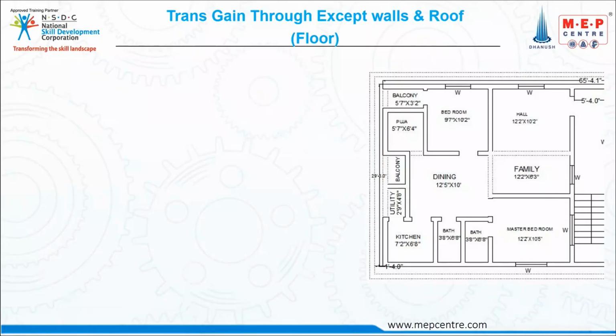As you increase the thickness of the wall, the resistance value increases. When the resistance value increases, its U factor decreases. When the U factor decreases, the total heat gain into the room will decrease automatically.